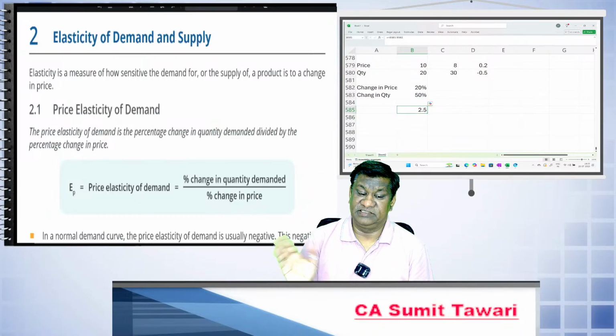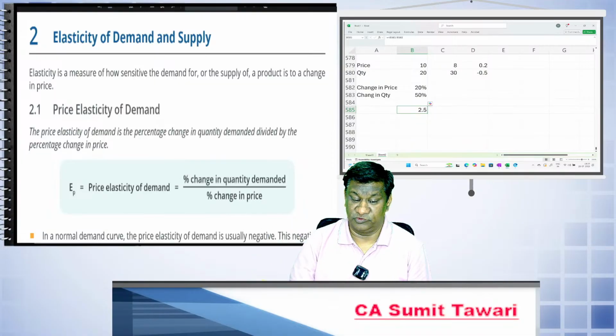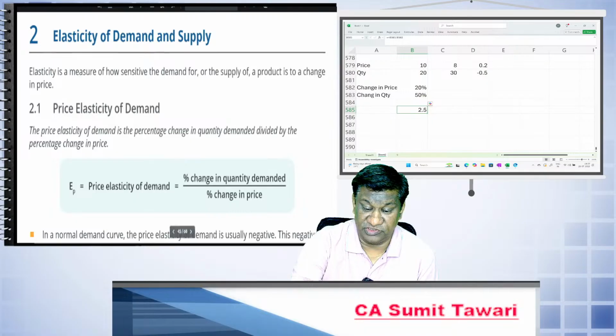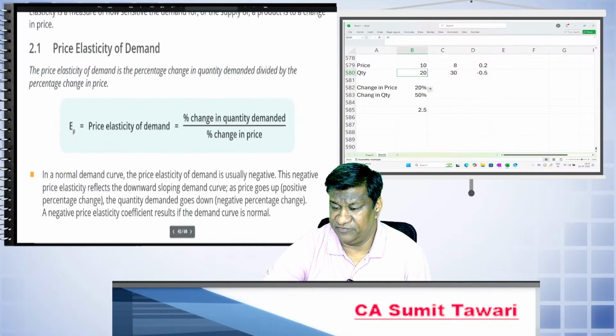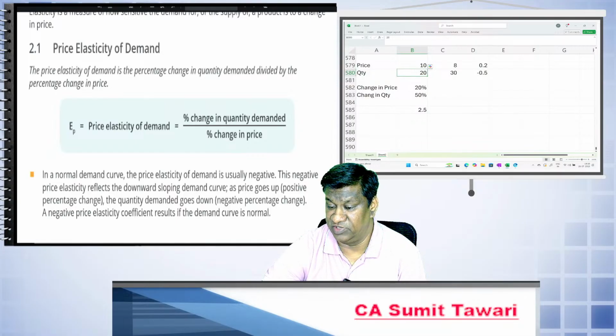So price elasticity more than 1 and price elasticity less than 1, that also we will discuss. Okay. So it is generally negative. Because with respect to a change in prices, there is a decrease in quantity, an inverse ratio.